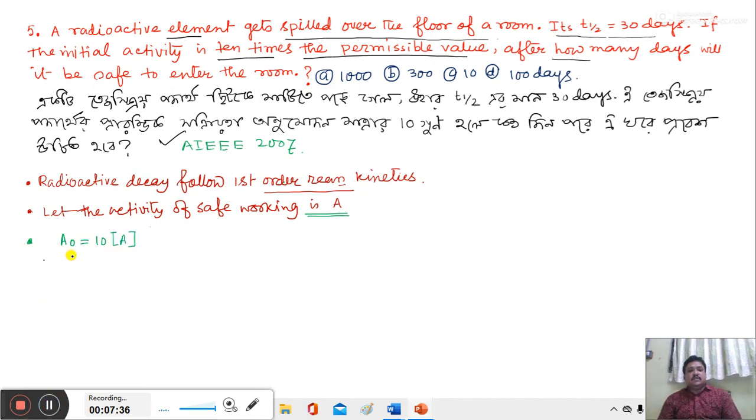A0, the present activity, is equal to 10 times the permissible activity. So A0 is 10A. We know for a first order reaction T half is 0.693 by K, so K is 0.693 by 30 days inverse.